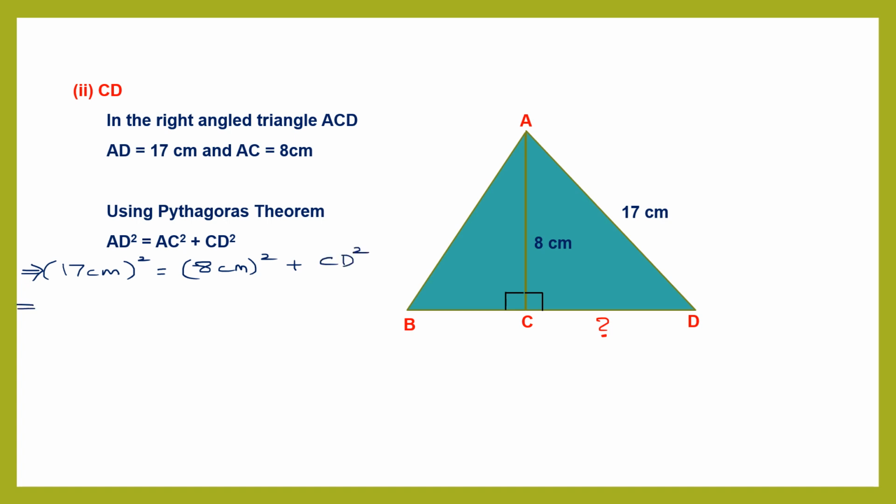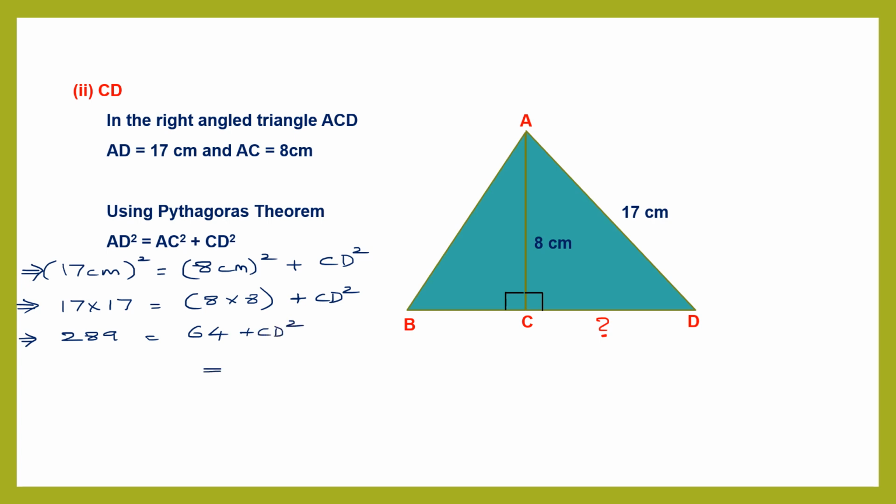So now 17 centimeters means 17 into 17 when you square it. This is equal to 8 into 8, the square of 8, plus CD squared. Now 17 into 17 is equal to 289. This is equal to 8 into 8, that is 64, plus CD squared.